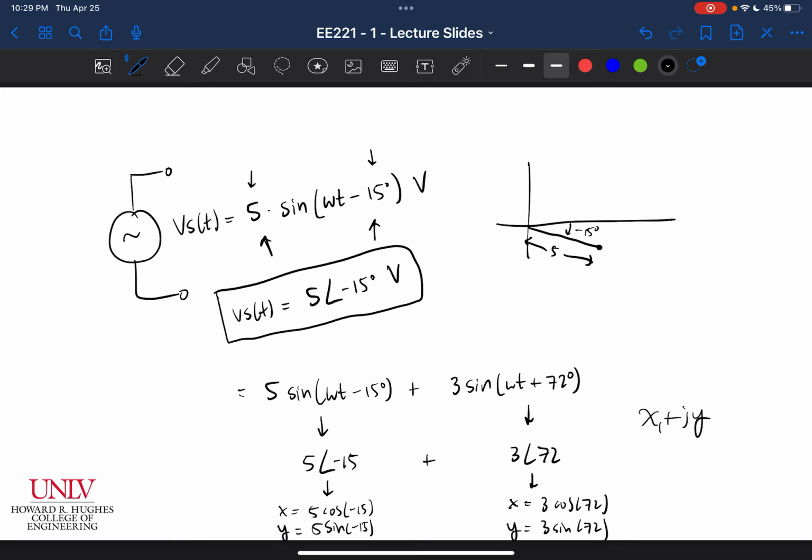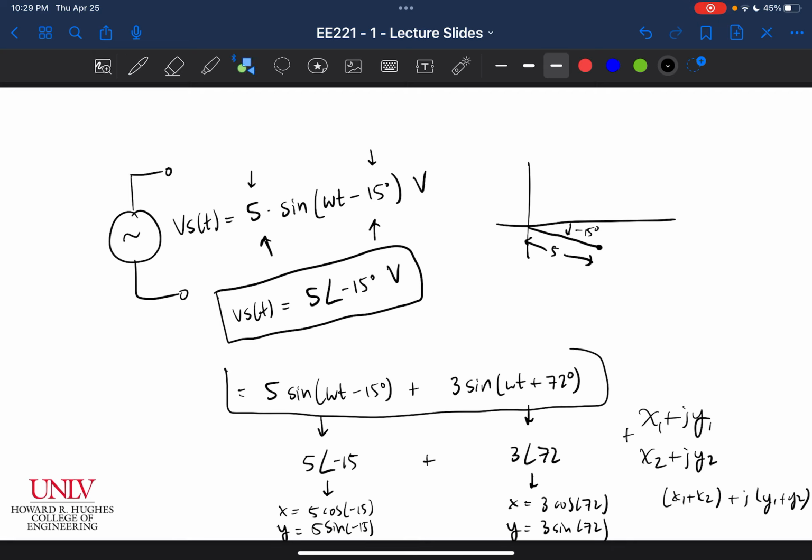We'll call this x1 plus jy1, and I'm going to have x2 plus jy2. To add those, all I need to do is x1 plus x2 plus j(y1 plus y2), and I would be done. I would have just added these two sine waves together. So I can just bounce between phasor form and rectangular form and very quickly do the kinds of math that I need to do in order to solve my circuits.